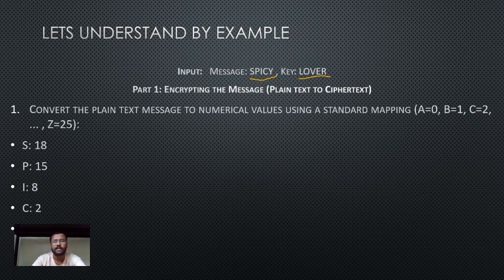Part 1, encrypting the message. Encryption means we are going to convert the plaintext to ciphertext. Here you can see we convert the plaintext message to numerical values using a standard mapping. We saw the alphabets with numbers: A is 0, B is 1, C is 2, Z is 25.